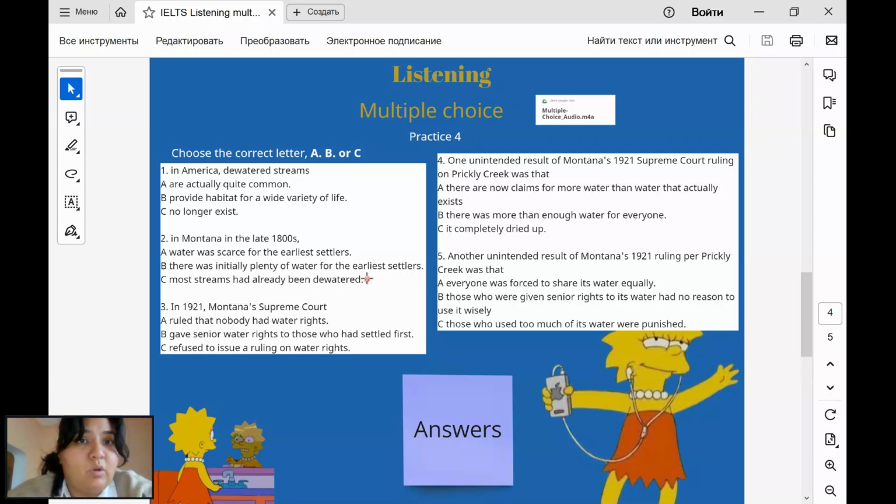They had already experienced that some streams had been dewatered, that there was no water in some rivers already. And B, there was initially plenty of water. There was a lot of water. So A and C are telling that there was no water, and B is telling that there was a lot of water. The difference between A and C is that C says a lot of areas were already without any water, and A is just telling there was little water, but there was.